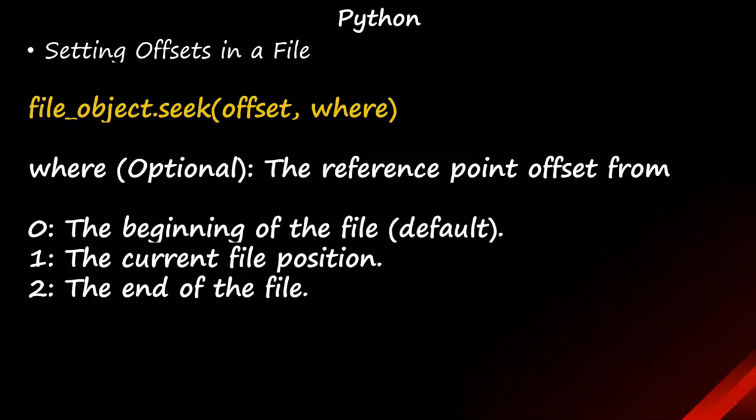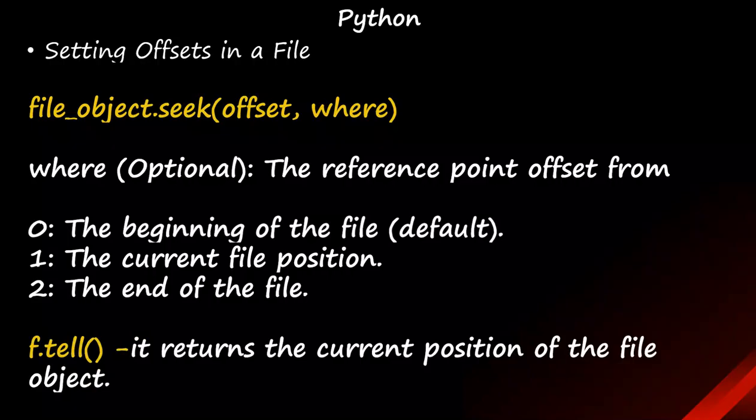You can have a file object handler, dot seek method, and you can mention the offset, means the number, and comma where you want it to begin: your current location, your end of the file location. So you can use this.